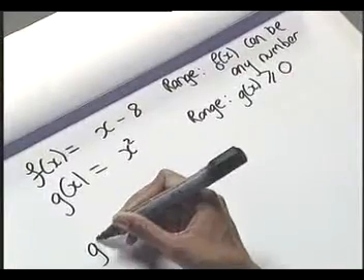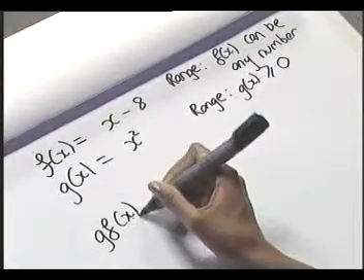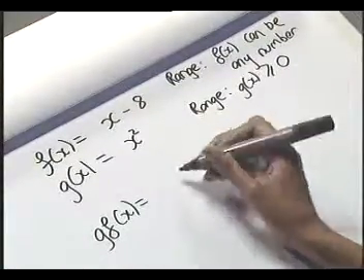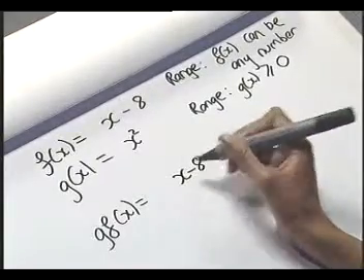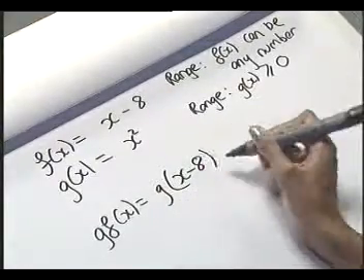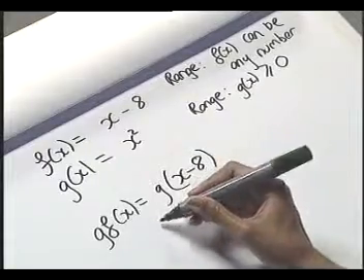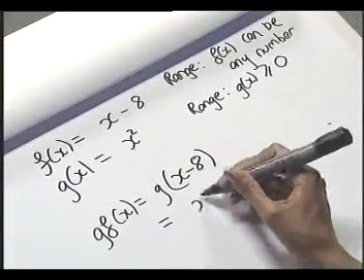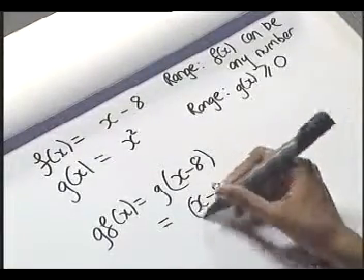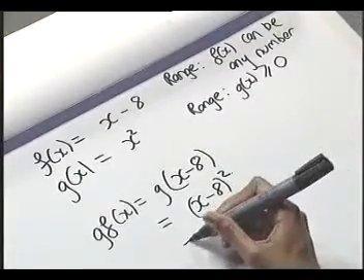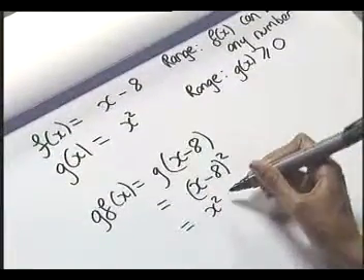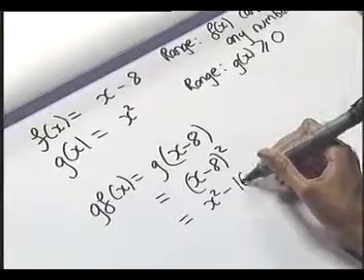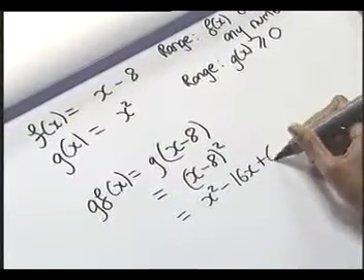Now let's look at the range of the composed function gf. G f of x is, well, f of x is x minus 8, and g of x squares it, so gf of x is x minus 8 squared, which is x squared minus 16x plus 64.